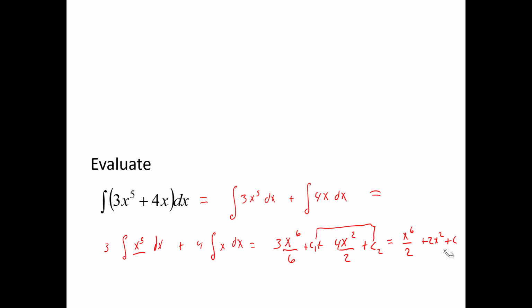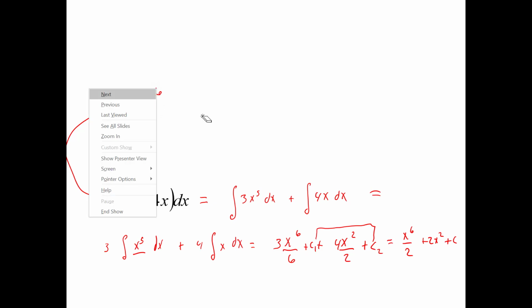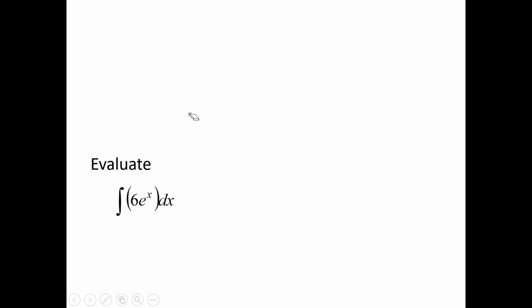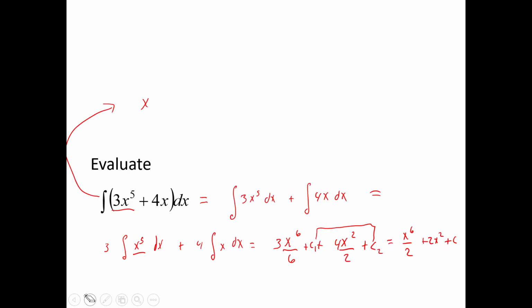Now, if that helps you and makes it more clear for you, that's fine. That's great. But here's how I expect you to do the problem. Sooner or later, you will do the problem like this. I have a sum of two functions, so I just find the antiderivative of this one. This one is a power function, so I'm going to add 1 to the exponent, divide by the exponent, and then multiply it by 3.